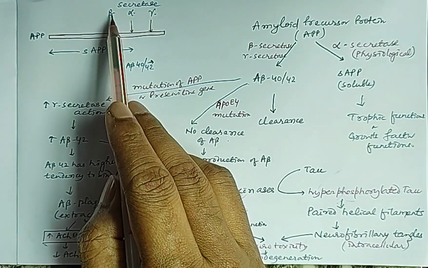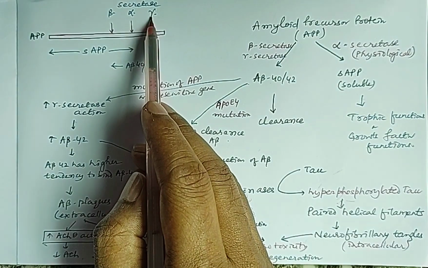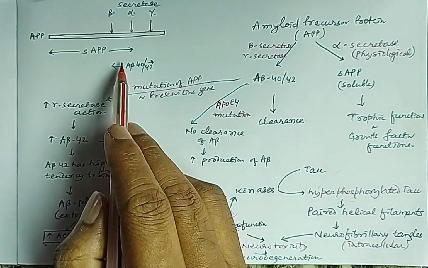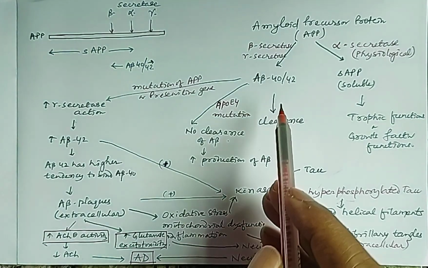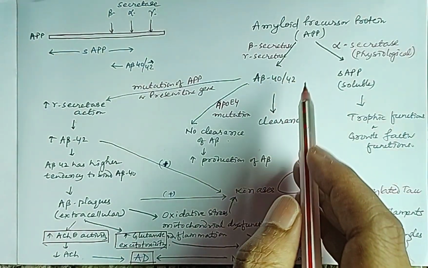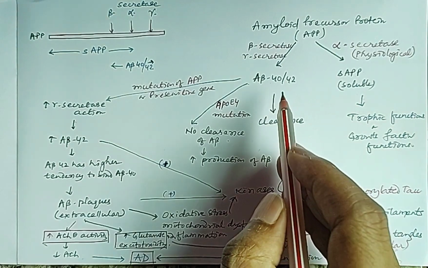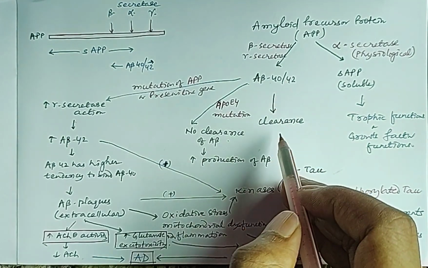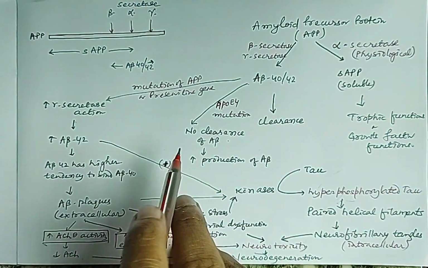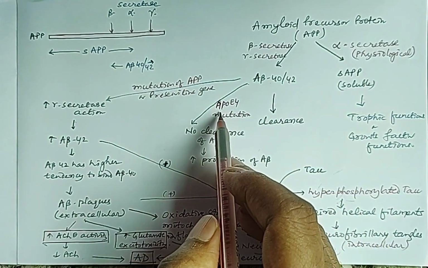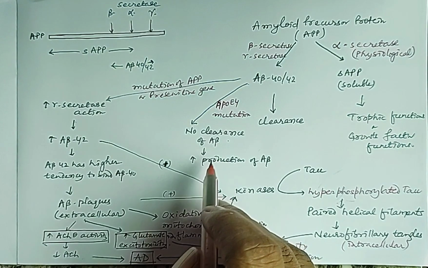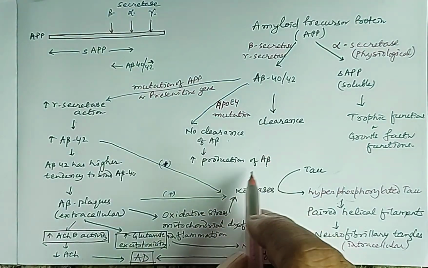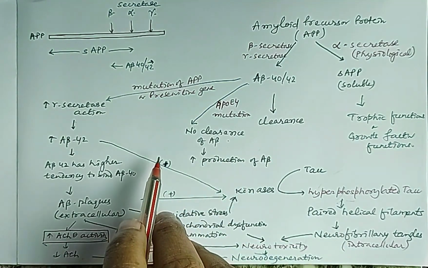But when beta secretase and gamma secretase act, we get amyloid beta 40 or 42. These amyloid beta proteins are usually produced in small amounts and get cleared. But when there is mutation in the ApoE4 gene, then there will be no clearance of amyloid beta and increased production of amyloid beta.